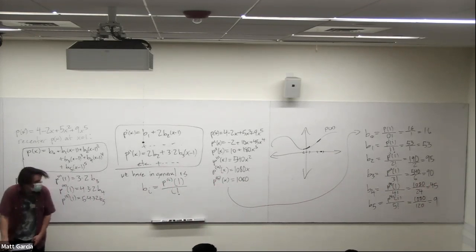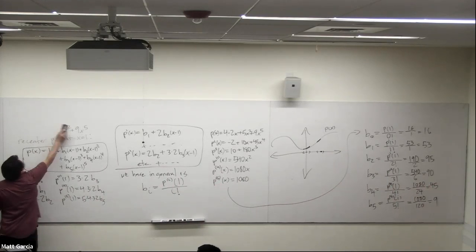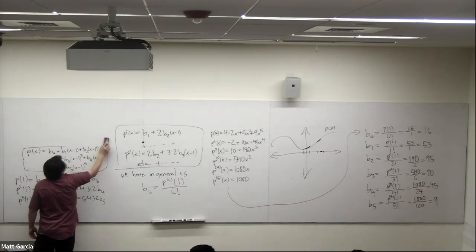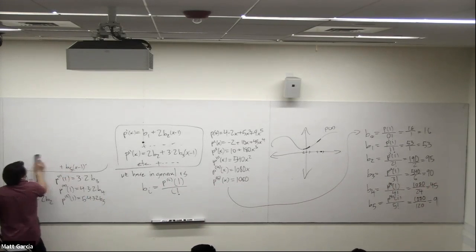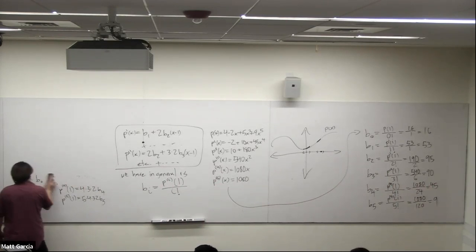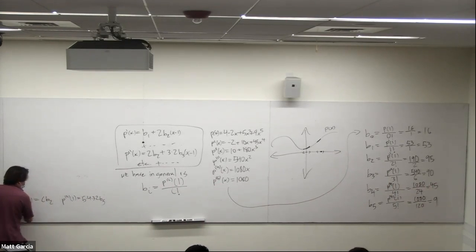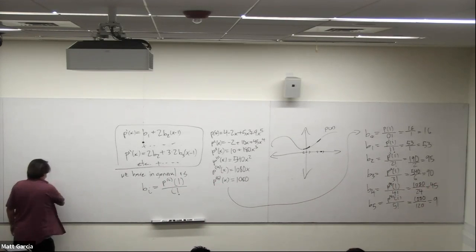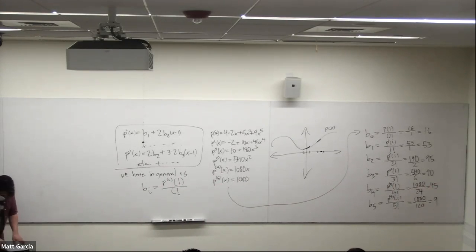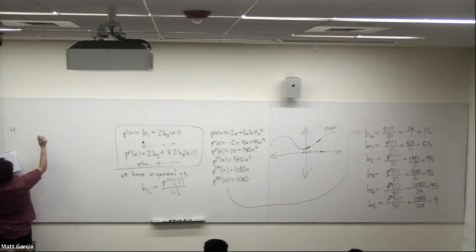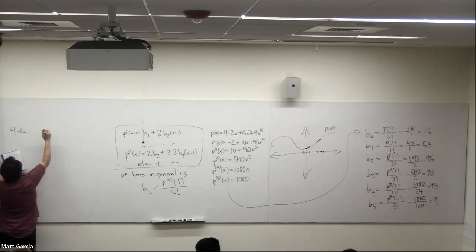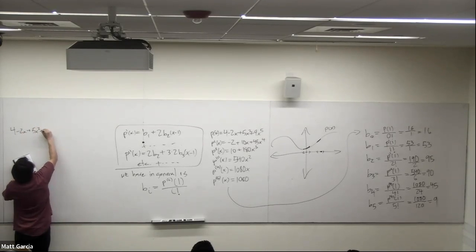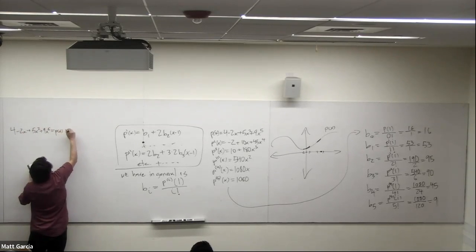So here's what you should check now. 4 minus 2x plus 5x squared plus 9x to the 5th is equal to p of x.